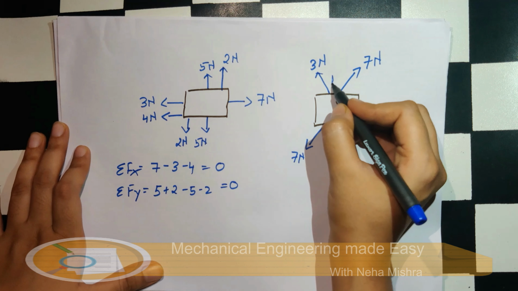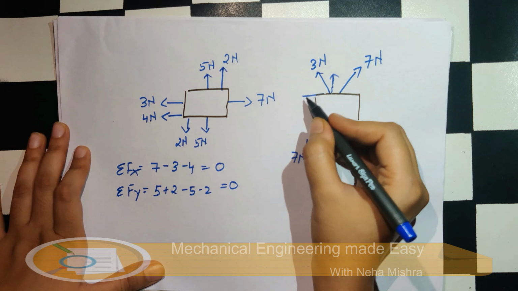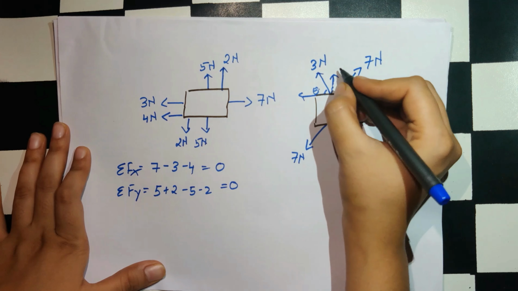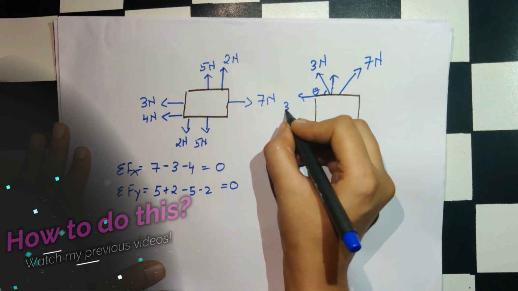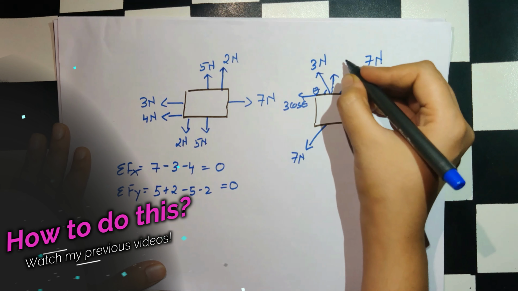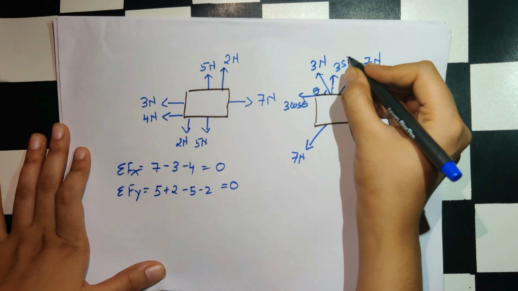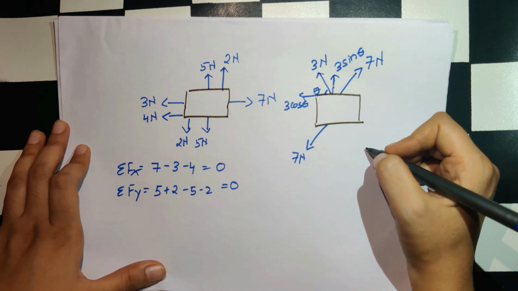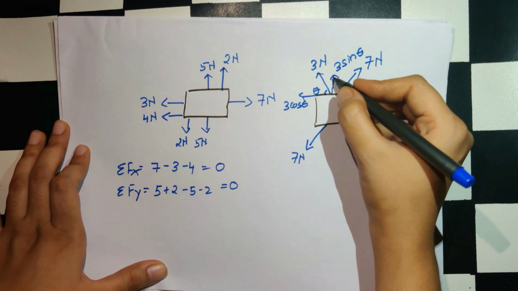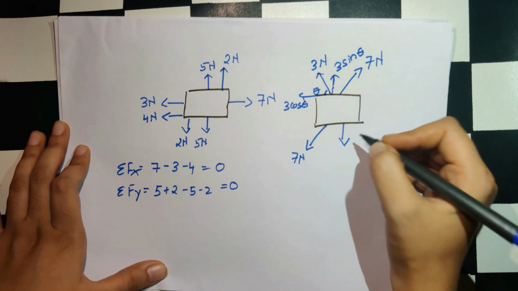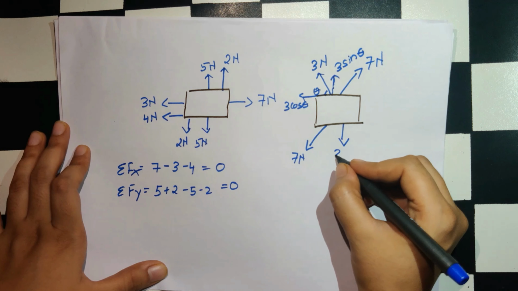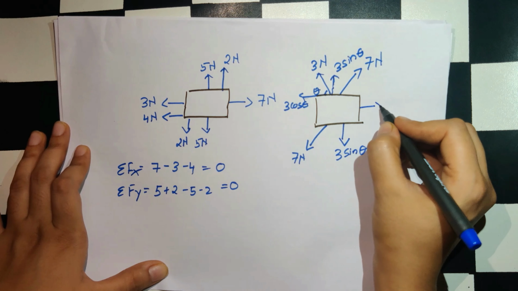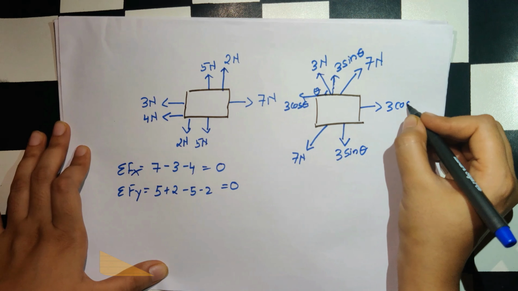Now suppose I draw its components. Suppose this is theta, so this will be 3 cos theta and this will be 3 sin theta. Now instead of applying this equal and opposite force, I am applying an equal and opposite force for this component, which is 3 sin theta, and an equal and opposite force for this component, that is 3 cos theta.